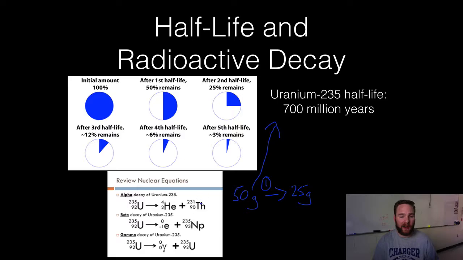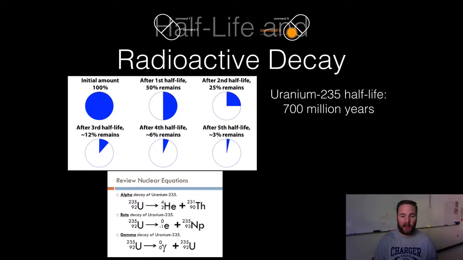Well, if you looked at our alpha decay problem, it would take, again, 700 million years for 50 of these grams, I won't say disappear, but to become thorium. That's what happens. One nucleus is transferred, is turned into another nucleus. That's what's happening in half-life. That's what's happening when nuclei decay and break down.